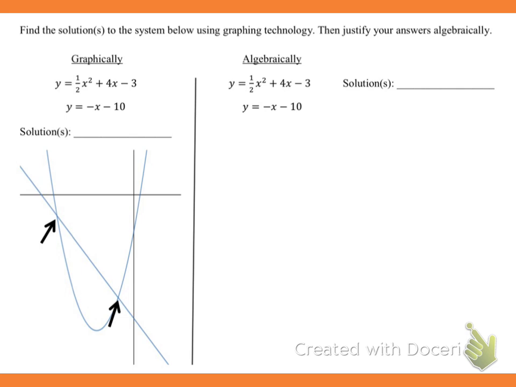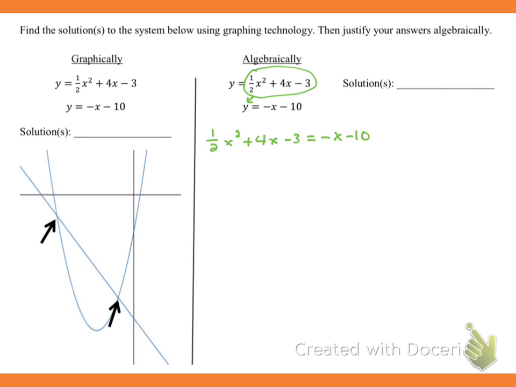Next here, again, more fun with fractions. I'm going to substitute 1/2 x squared plus 4x minus 3 equals -x minus 10.